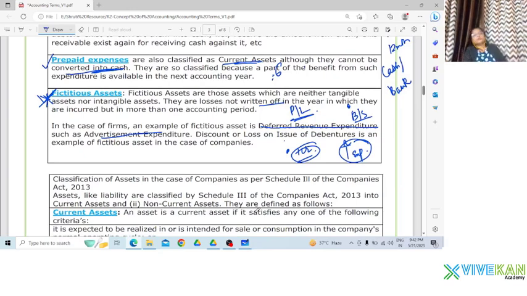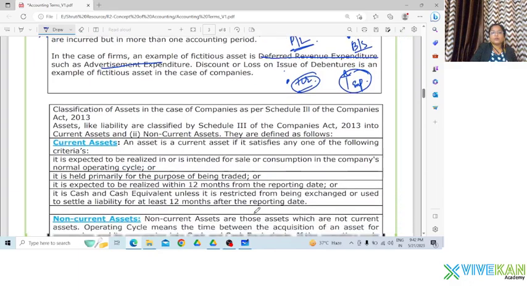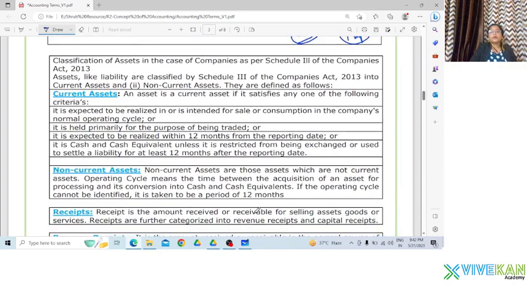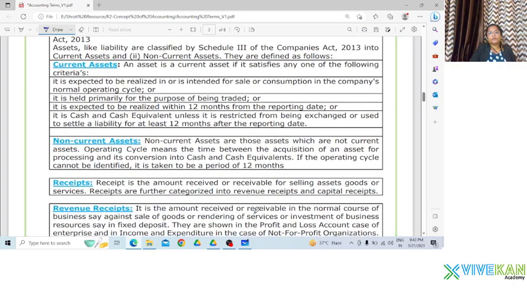So here we have understood the fictitious assets and all these things. We have also covered current assets: anything which we will realize within 12 months, and primarily which are for sale or consumption in the company in the normal operations.